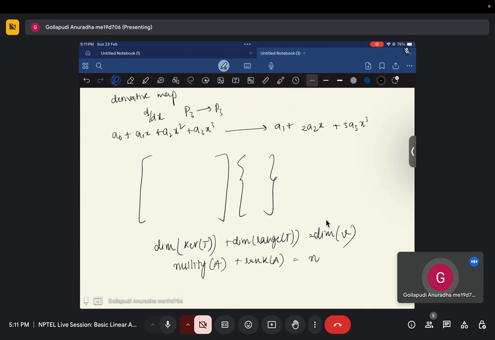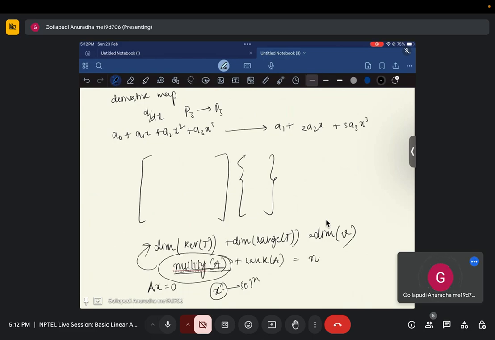So here the same way, to find the nullity of A, we go with Ax equal to 0, and then we solve for x, and whatever solution we get, that will be the nullity of A. Similarly, the same thing we'll be doing for the kernel also.